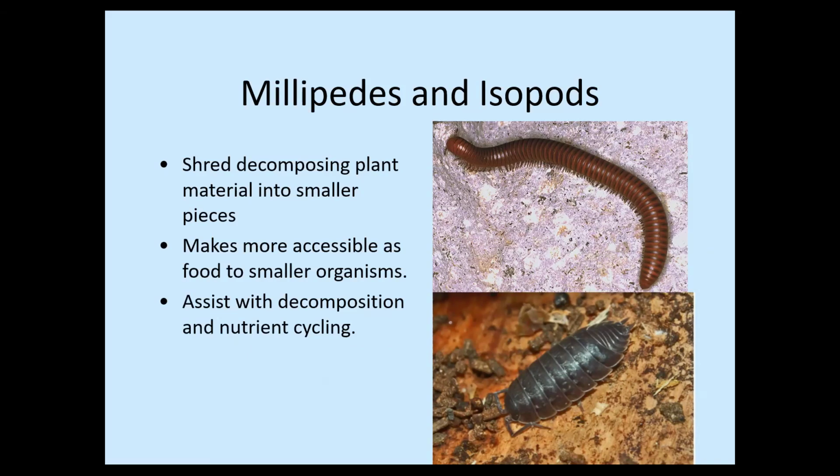Especially bacteria need the particles to be very small so that they can decompose it. Fungi are able to bridge space a little bit better and can decompose things that are a little more tough. But any animals that can break it into smaller pieces will increase the decomposition rate and the nutrients that are cycled.